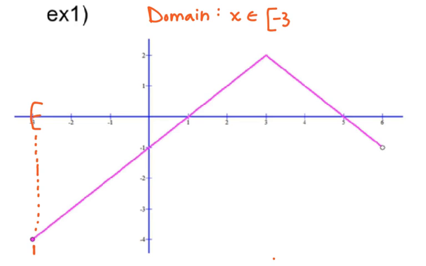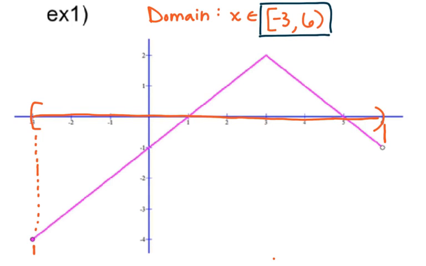And then we're going to travel along the graph, and it looks like a point is defined everywhere on the graph, and the furthest right I can go is +6. Now, because I have an open dot at +6, we can't touch that, so we would say -3 to 6. -3 included, 6 not included. That represents my domain.